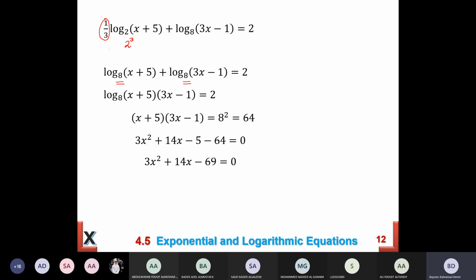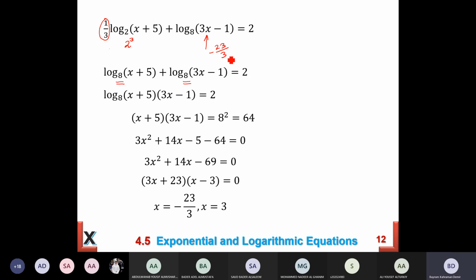And the factorization of this quadratic equation is 3x plus 23 and x minus 3 equals 0. And now we have two solutions. We have negative 23/3 and 3. And as you see in the original equation, Shabab, we cannot replace x with negative 23/3, right?